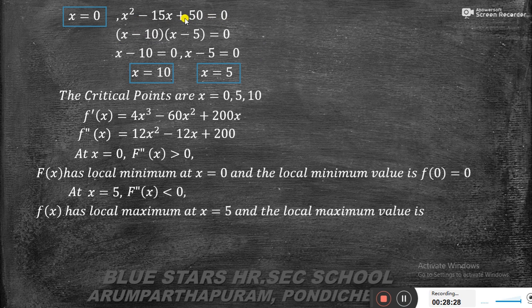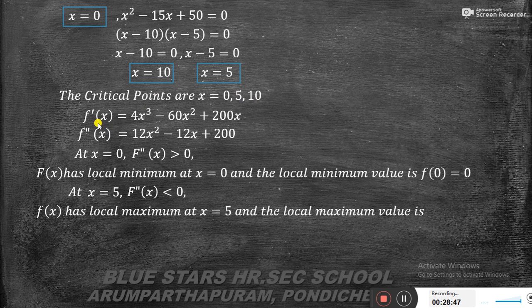Now I factorize this equation. So I write (x minus 10)(x minus 5) equals 0. Each factor equals 0: x minus 10 equals 0, x minus 5 equals 0. So x equals 10, x equals 5. Therefore the critical points are x equals 0, 5 and 10.